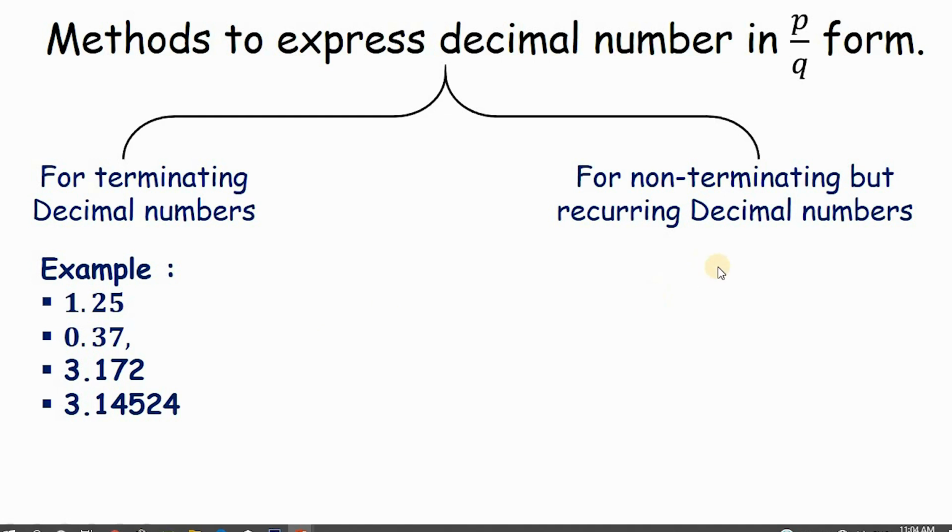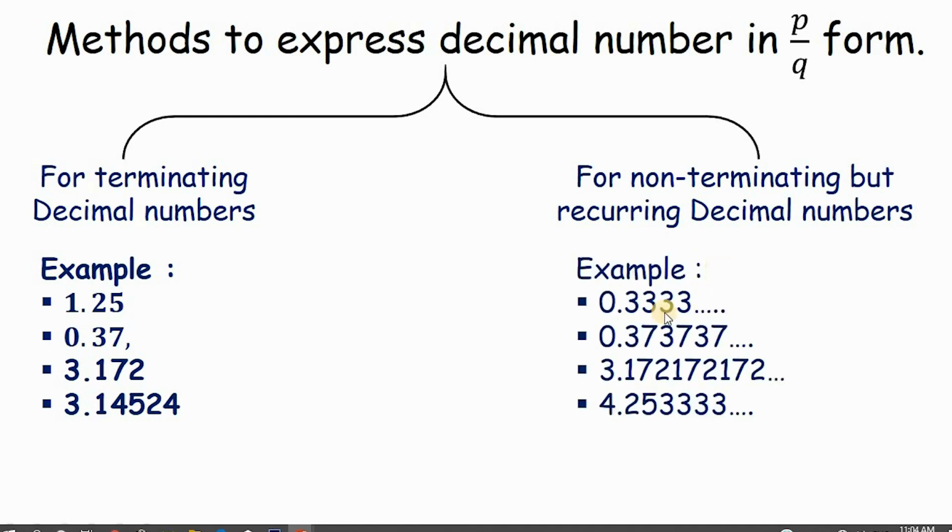For non-terminating recurring decimal numbers we have examples like, in the first, 0.3333, in the second 0.373737, in the third 3.172172172, and in the fourth 4.253333, and so on. You'll observe that in the first example only one digit is repeating, that is 3.